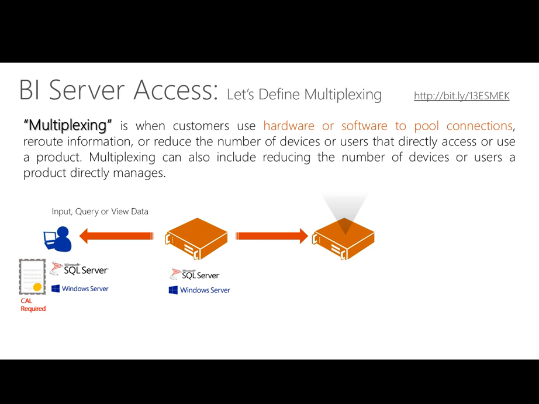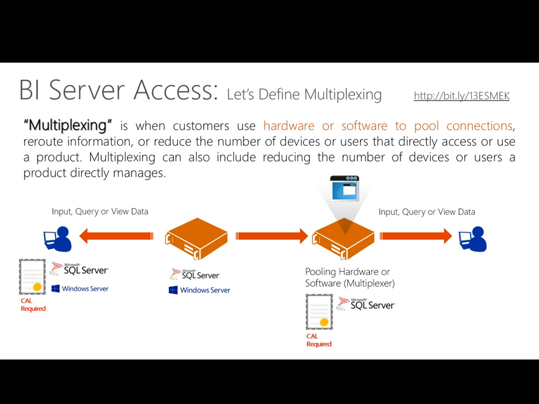You have a device or an application. It's basically pulling the data from the SQL, and this device and application needs to have a client access license of SQL. And this application and device will pass the data to the user, or the user would input, query, or view data on this application, and then this application will pass it on to the SQL database.